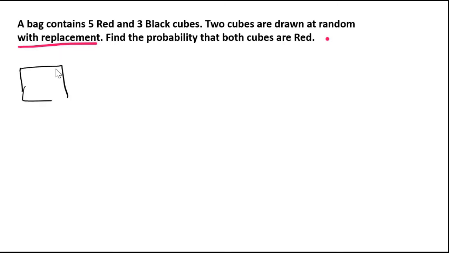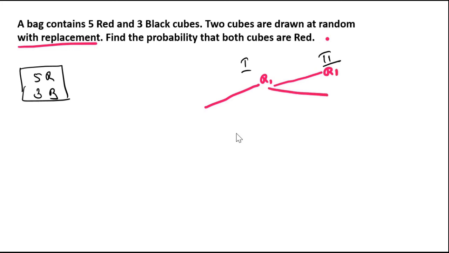So you have 5 red and 3 black. So 2 cases are happening, first case and second case. If the first cube we take is red, then again the second is red or black.